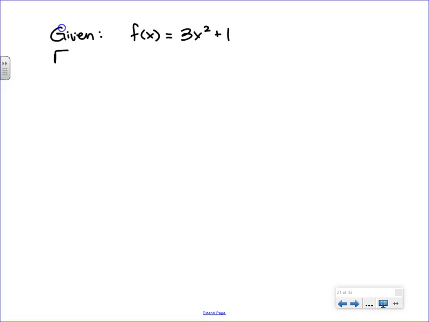Find dy and delta y for, there's music going on, let's say at x equals 1. Alright. Follow the pattern. Let's see if you can do it.